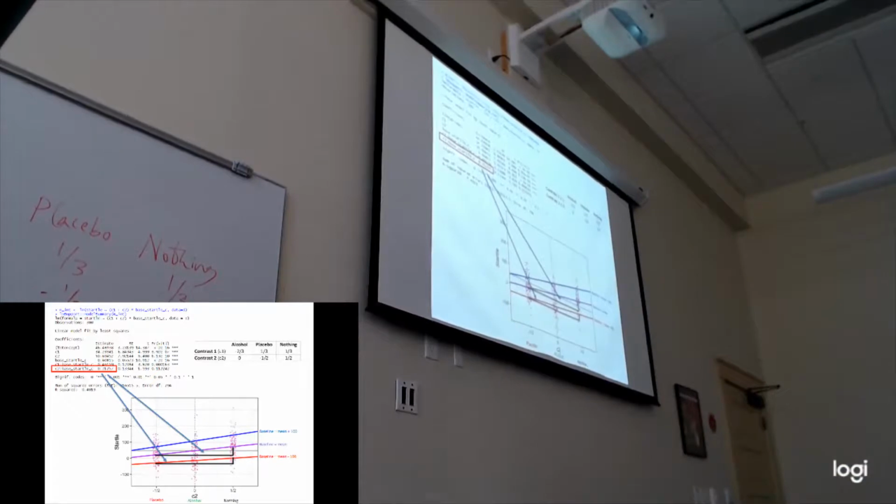But this is an interaction. So it's not just a mean difference. We're doing something to the mean difference. So what are we doing to the mean difference? Yeah. The difference between the placebo and nothing groups baseline. The nothing group has a baseline.